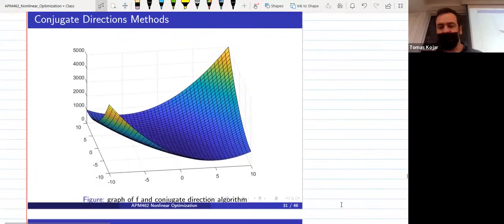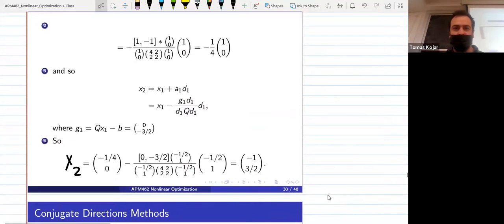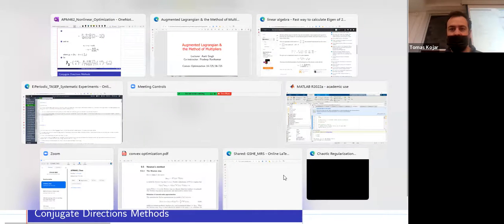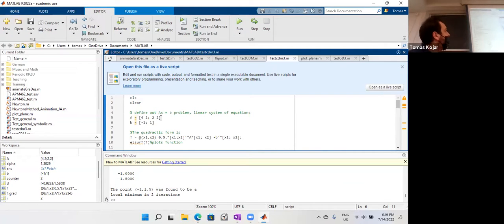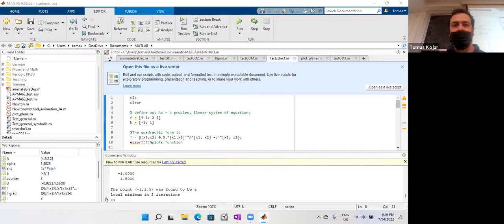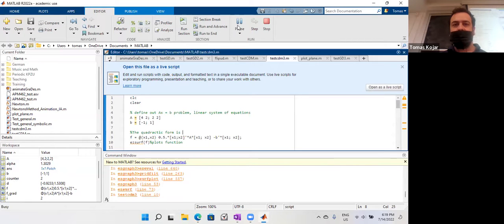Now let me run the simulation, okay? So this is the matrix: 4, 2, 2, minus 1, 1. And here, what was the minimizer? So let me run it again.